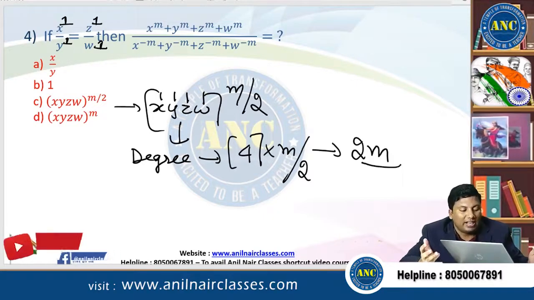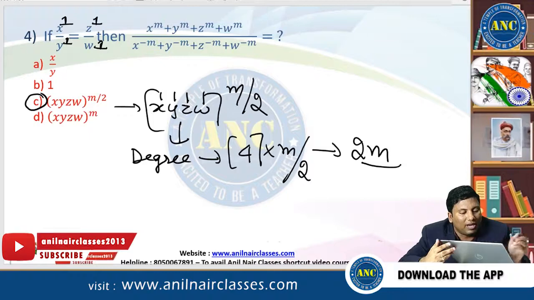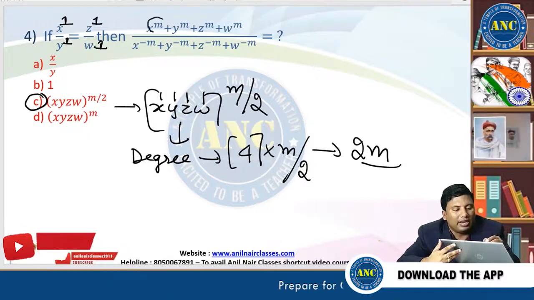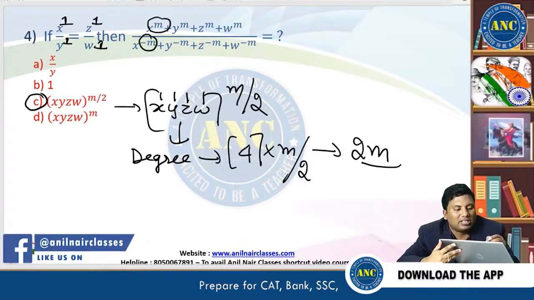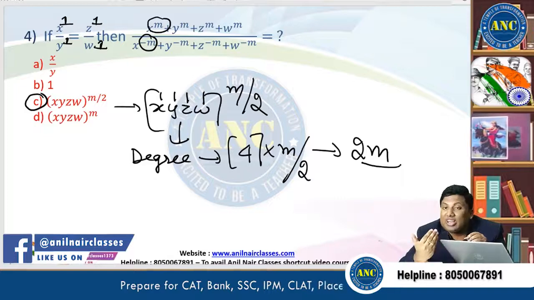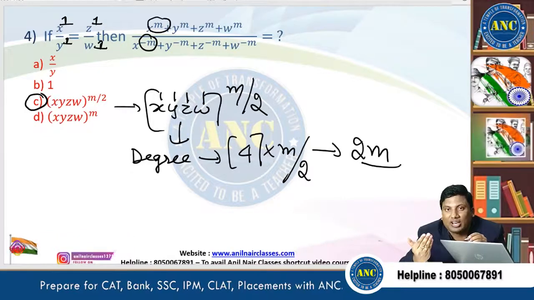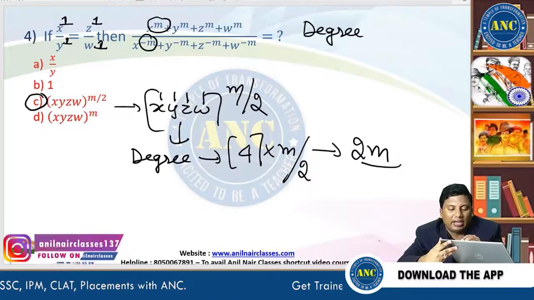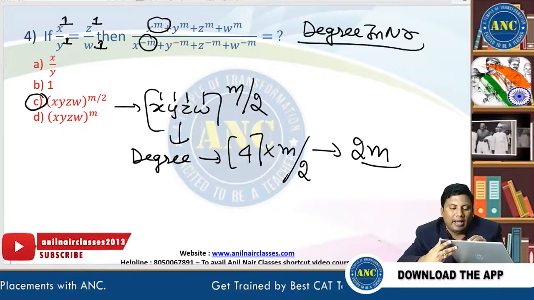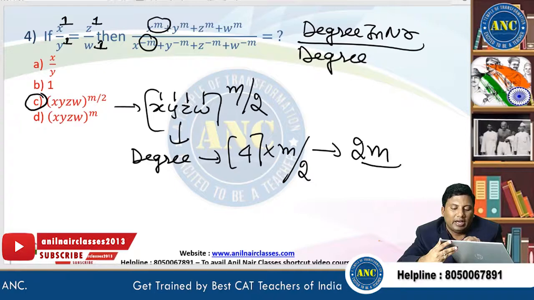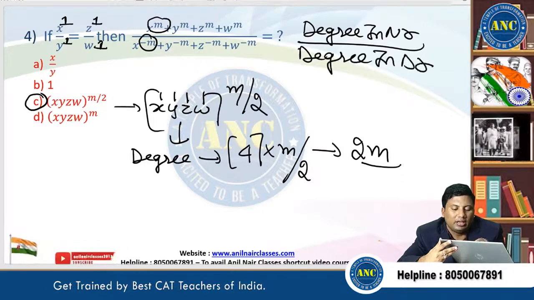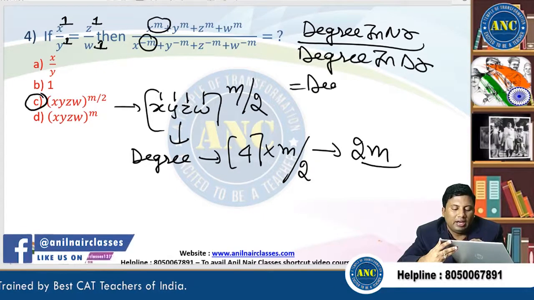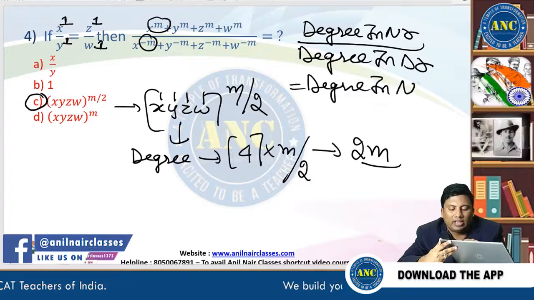So what is the degree in the third value? Third value, it is 2m. Now here it is m. Here it is minus m. So if it is a rational function, what is happening to degree? Degree in a numerator by degree in a denominator eventually is becoming degree in numerator minus denominator.